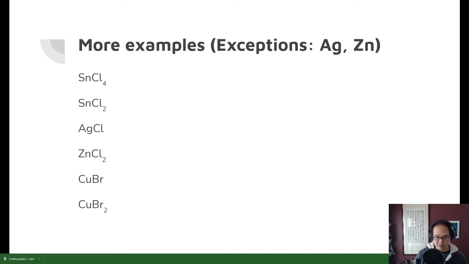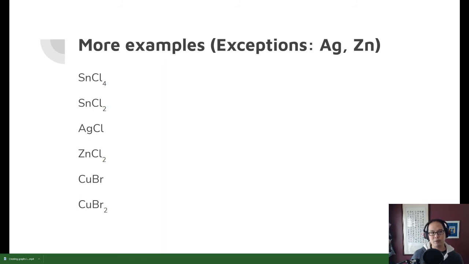So we call it tin 4 chloride, Roman numeral 4, because we know that tin must have a +4 charge.